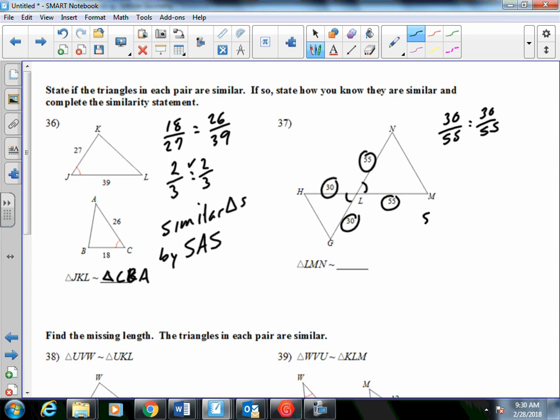So these are similar. And by SAS again, triangle LMN is similar to triangle LGH.